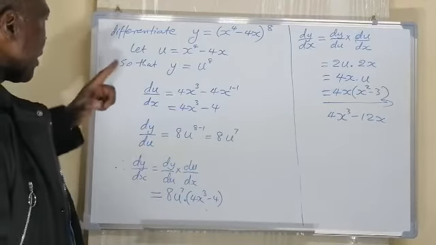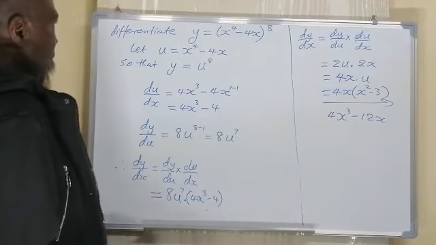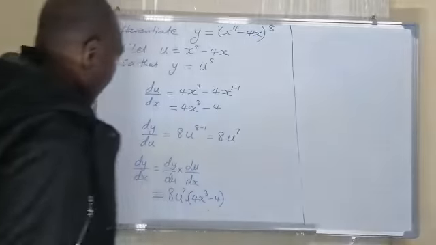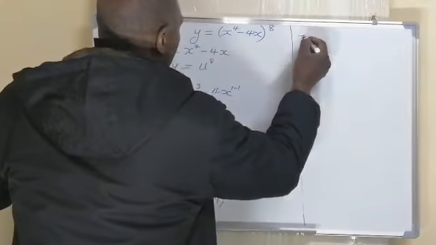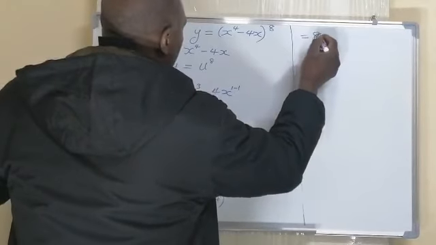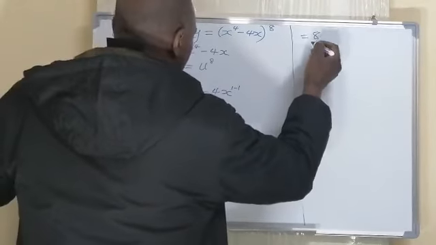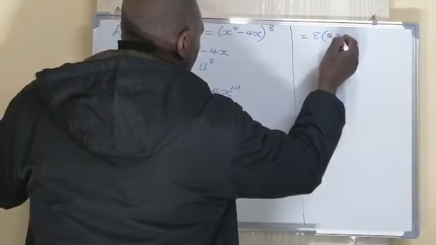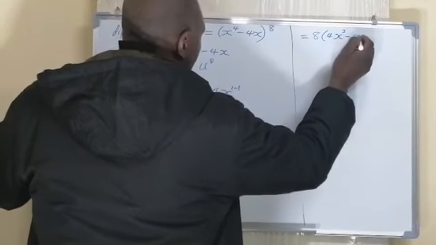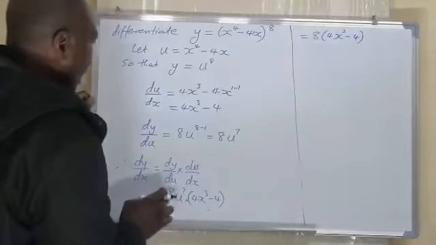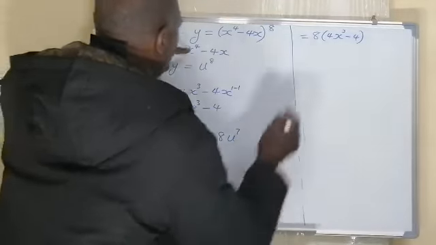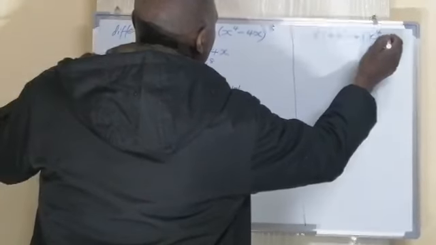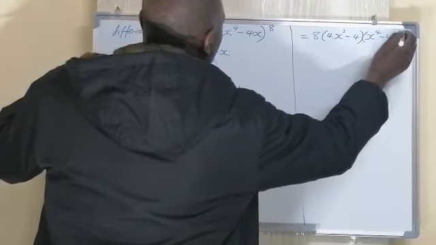Since u is x to the power 4 minus 4x, it therefore means our final answer is going to be, let's start with 8, then we write this one, 4x to the third minus 4, and for the u, let's put it at the end, which is (x to the power 4 minus 4x) to the power of 7.